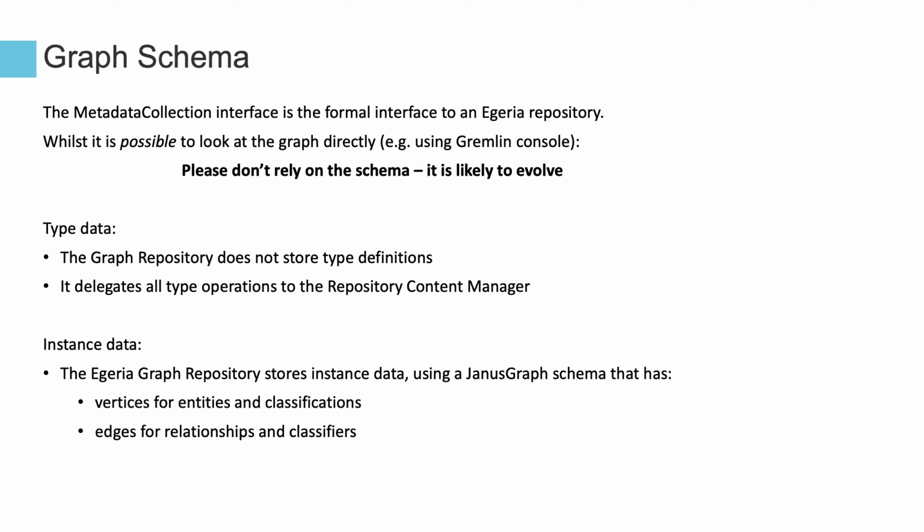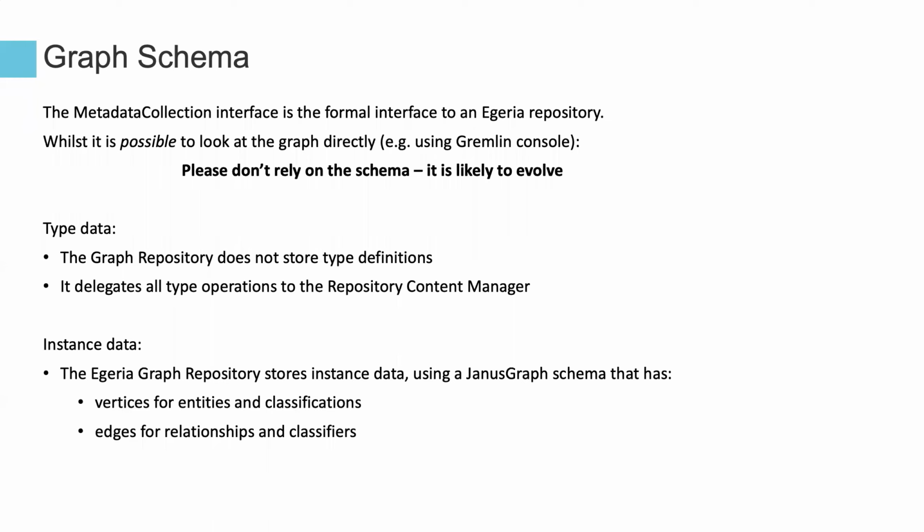As you look at Egeria, you'll find there are lots of places where we've distilled function into helper classes and manager classes. The repository content manager is a really good example. Within the repository connector, we don't need to do things like type verification, because that's all done for us by the RCM, which is another part of the OMRS layer.